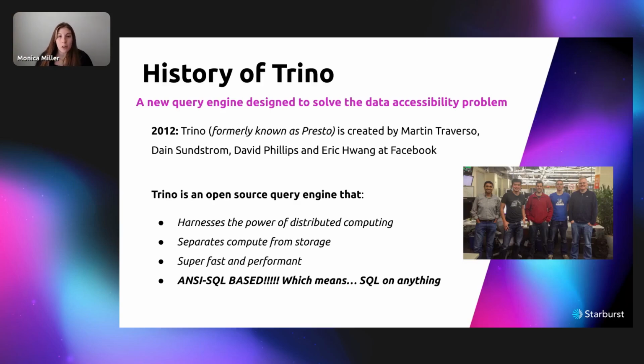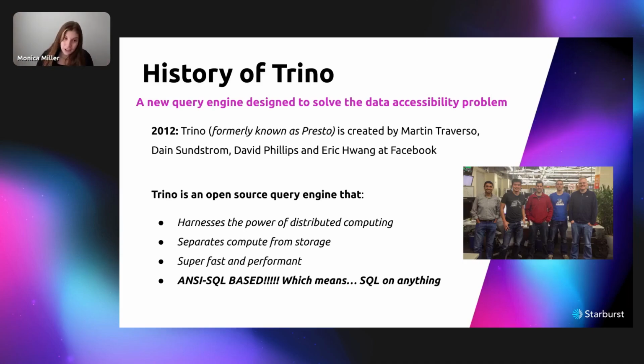Before we move on from this history of Trino, I just want to talk about how Trino was originally used at Facebook for these interactive queries. It was specifically built for Hive, but then through the service provider interface, the SPI layer, they were able to create multiple different connectors, which let them reach into different data sources. Now it's become an interactive analytics engine originally built for petabyte scale data lake analytics.